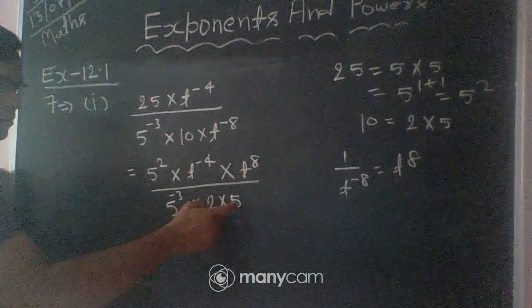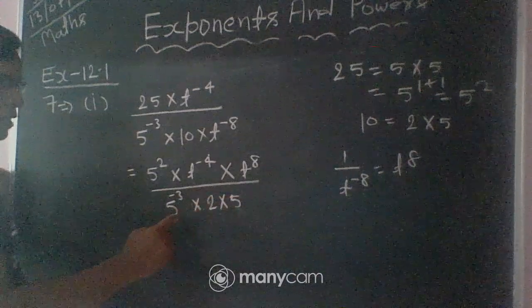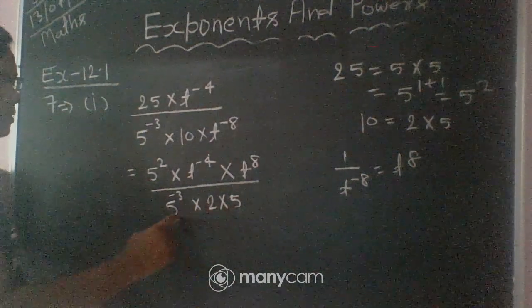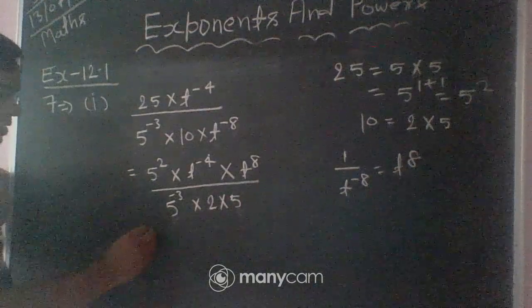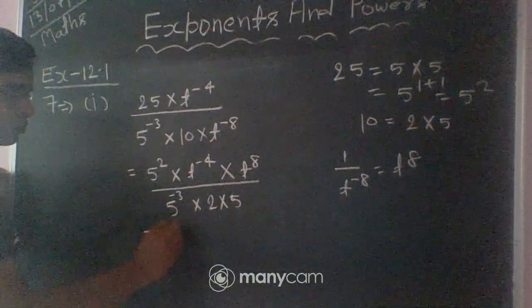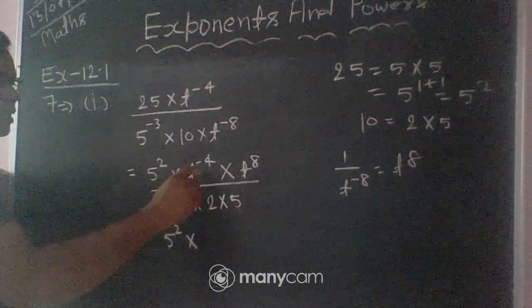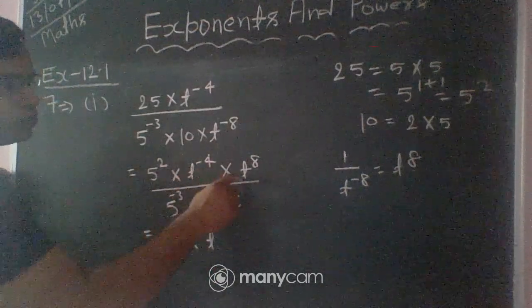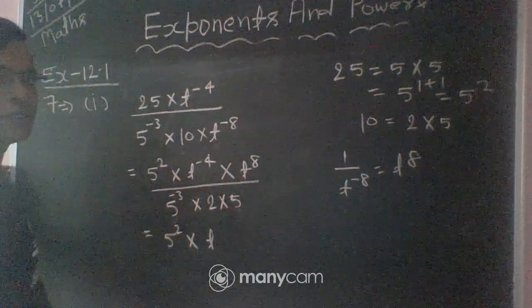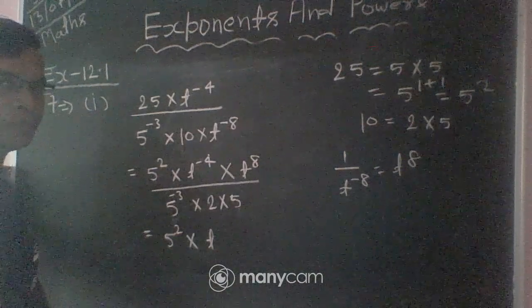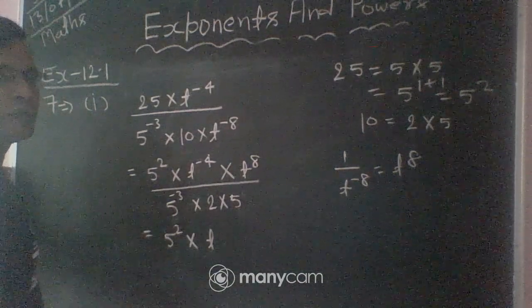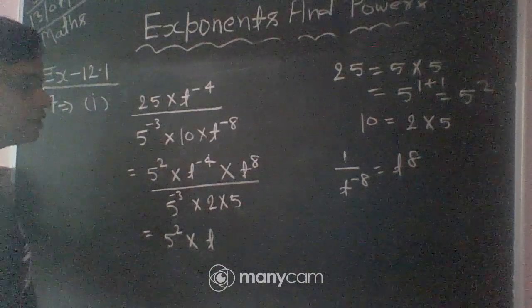Now here 5 power 1 and here 5 power minus 3. Bases are the same, so powers will be added. So you can write here 5 power 2 into t power minus 4 into t power plus 8. Both bases are equal, so the powers will be added according to the first law of exponent.